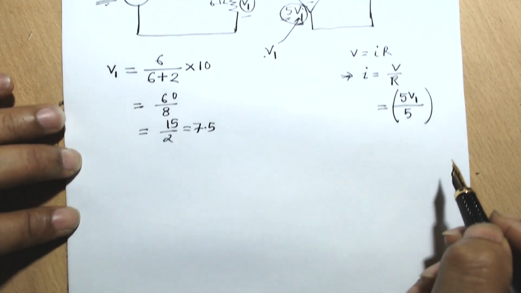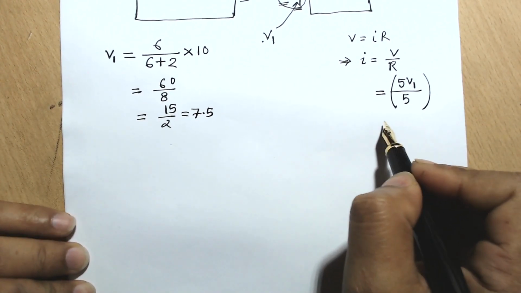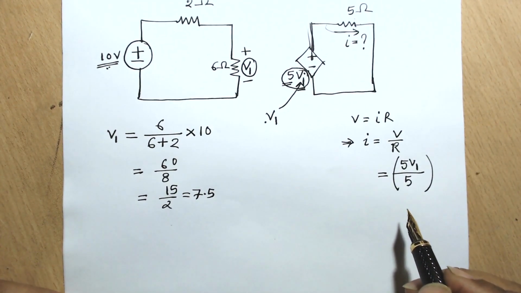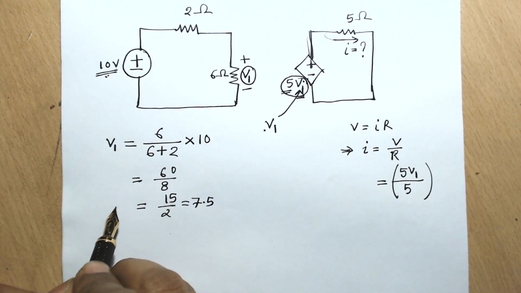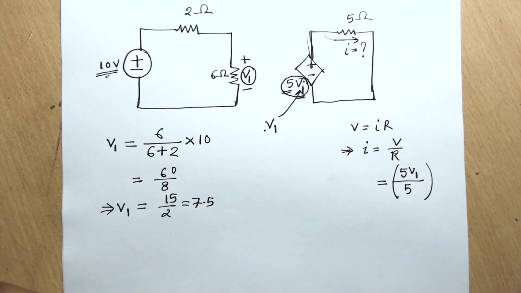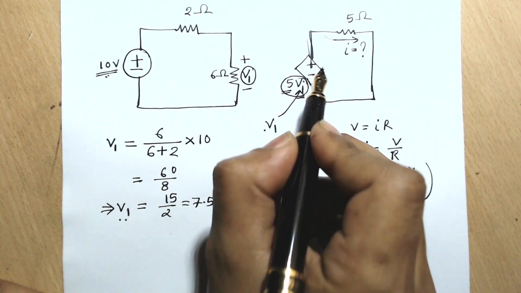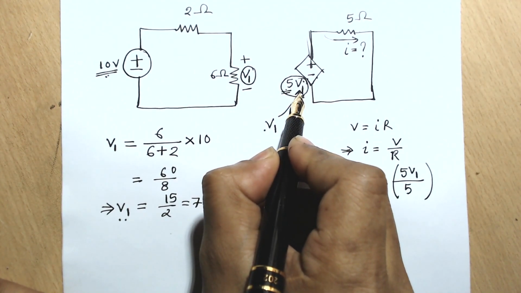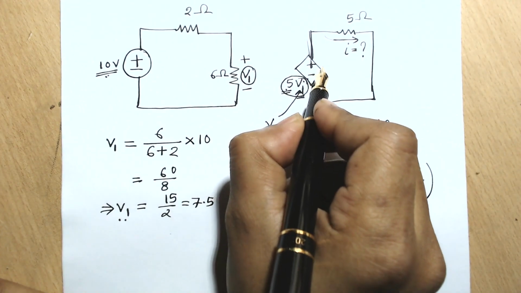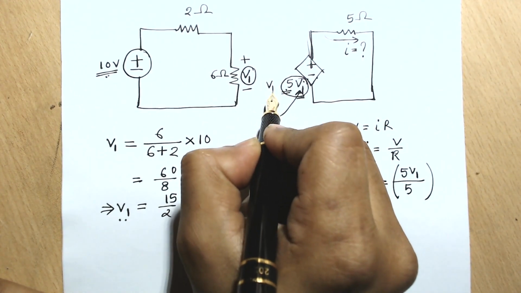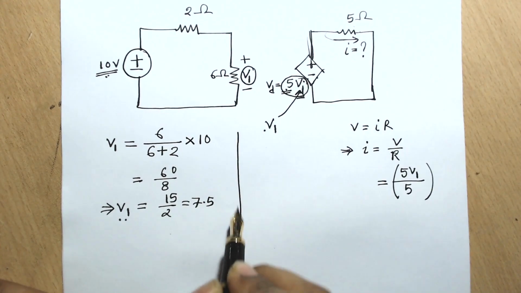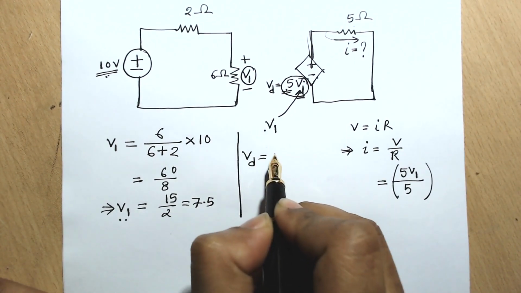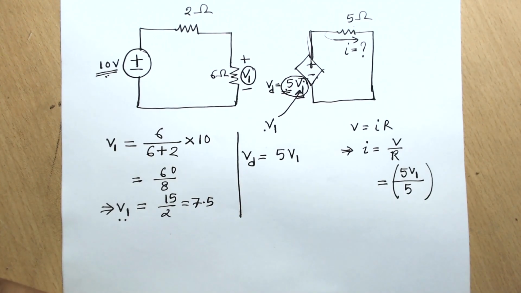Now, if we come here, as you can see, we have already sorted out the value of V1, right? Since we have the value of V1, we now know what the voltage of this dependent source will be. That is 5 times V1. So if we call the voltage of the dependent source VD, we can find the value of VD, that is 5 times V1.